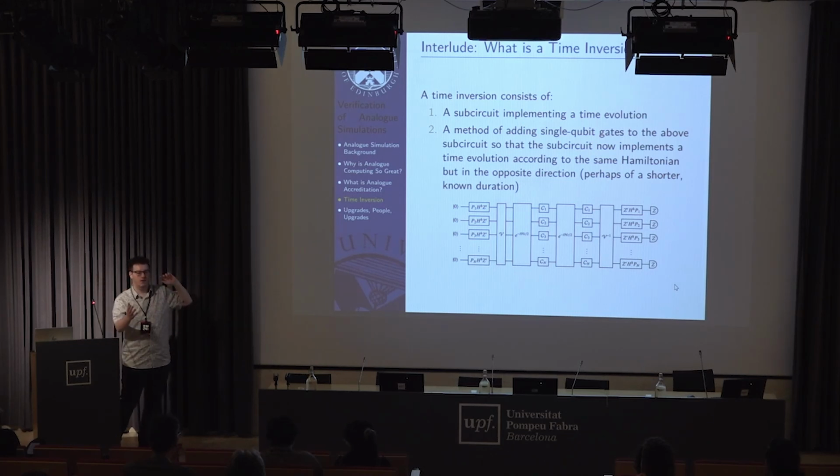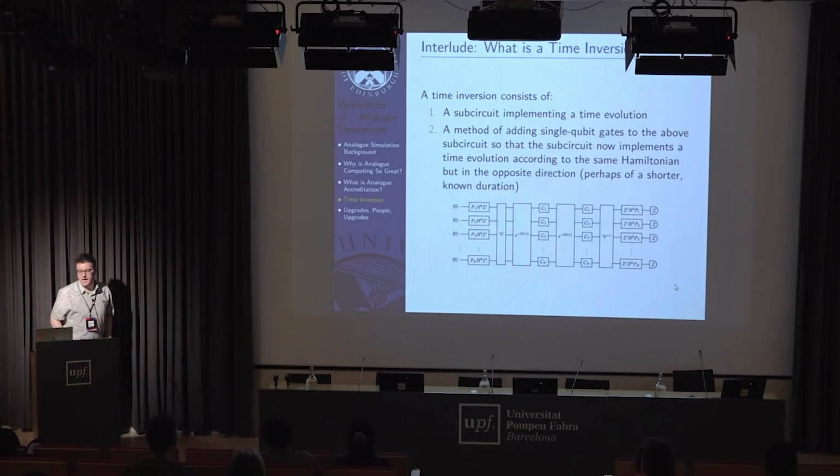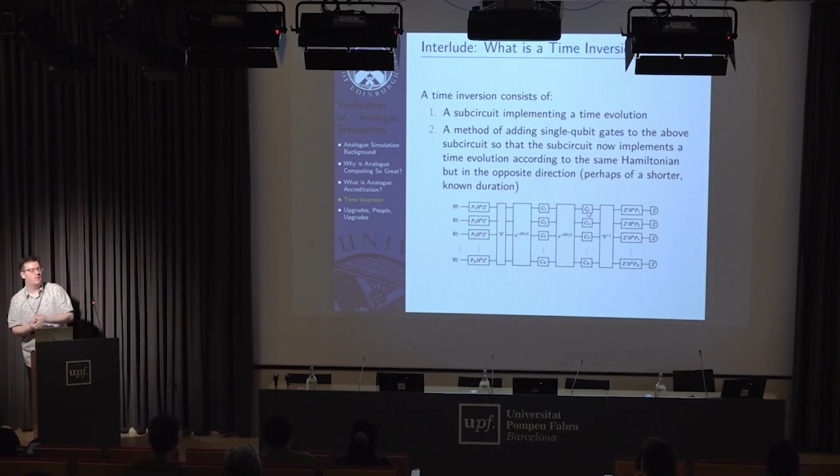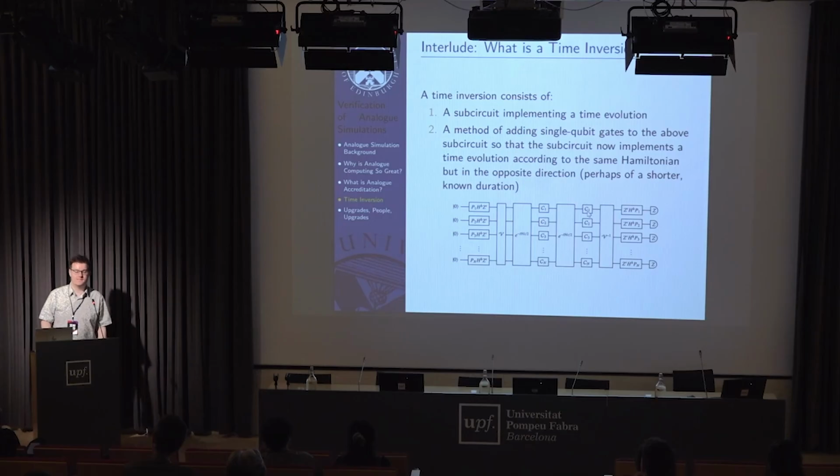The whole thing collapses down to just the identity, and hopefully you can see that this V and V inverse gate would cancel, and all these single-qubit gates here would then also cancel. And this has the result of giving us our trap. So now we know that in the ideal case, our trap should reduce to the identity. We put all 0 states in, we measure in the Z basis, so we should be able to measure the identity.